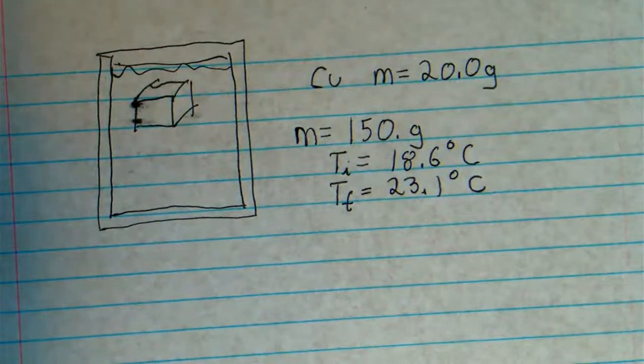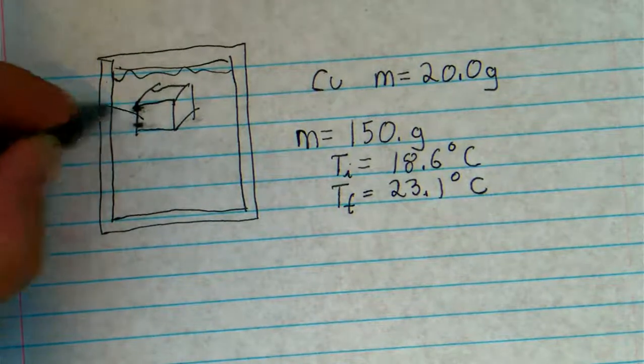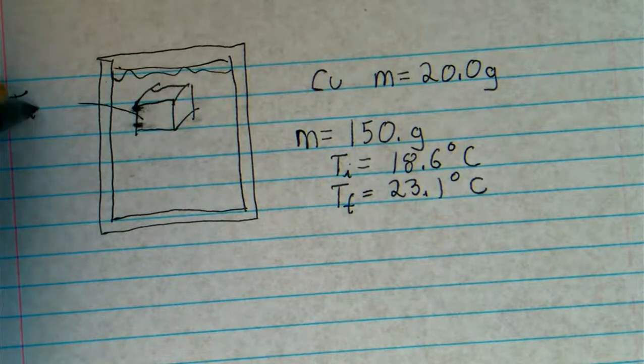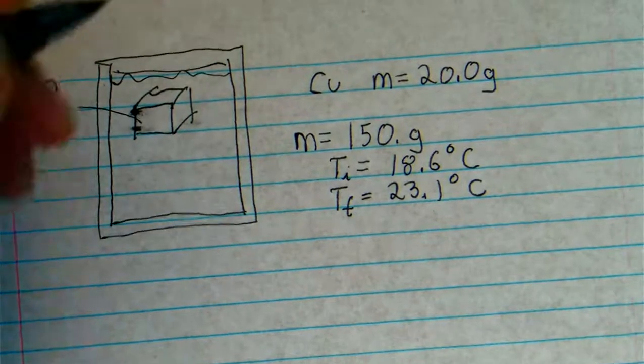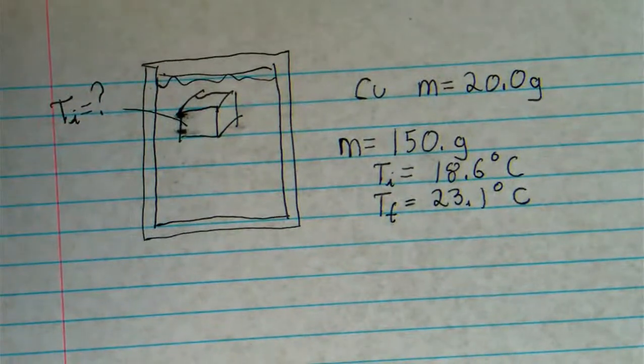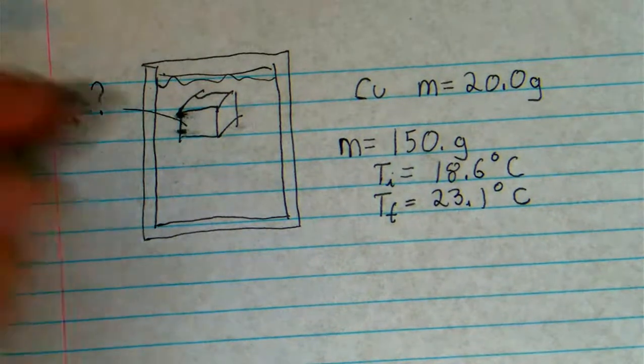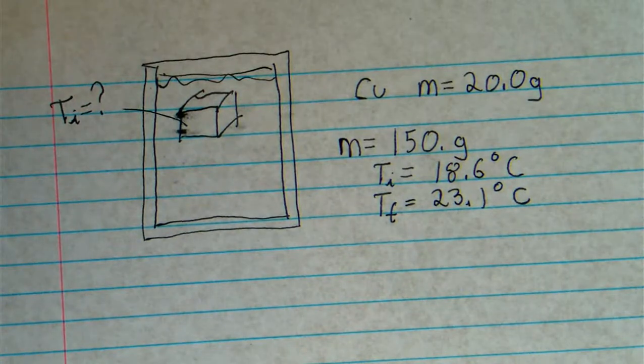And the question that we would ask you is, great, what was the initial temperature of the brass cube when it was on the hot plate before you added it to the cold water?